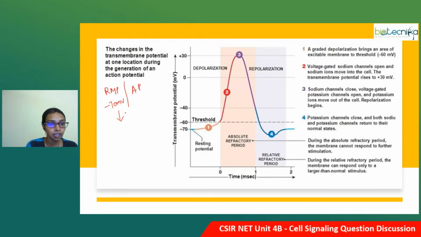Otherwise, how does the membrane become negatively charged from inside? Yes, we have sodium potassium ATPases. Since more positively charged ions go outside, the inside becomes negatively charged.